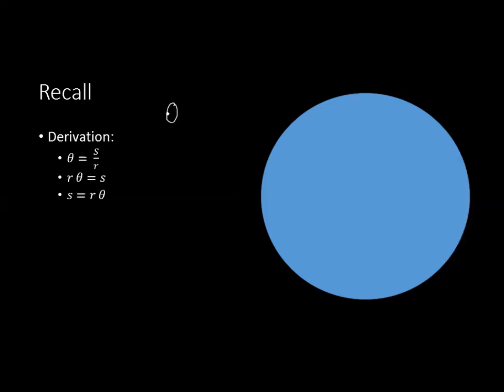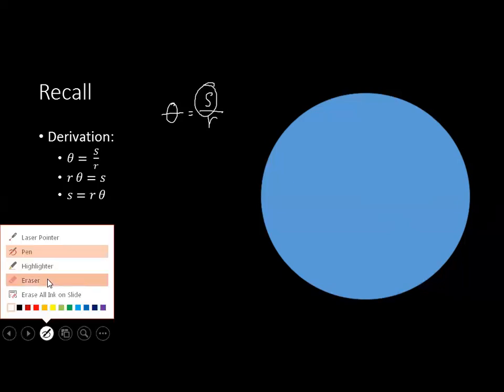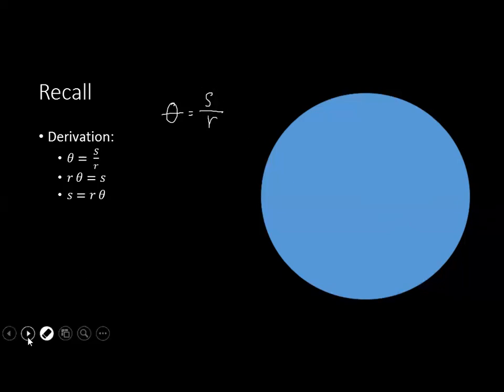So this is basically the formula on how you find the angle in radians. Here, what we're going to do is derivation. Since we're looking for the S, or your arc length, we're going to make S alone on that side of the equation. Because if you recall in your algebra class, if you're going to find a specific variable in an equation, all you need to do is to make it alone.